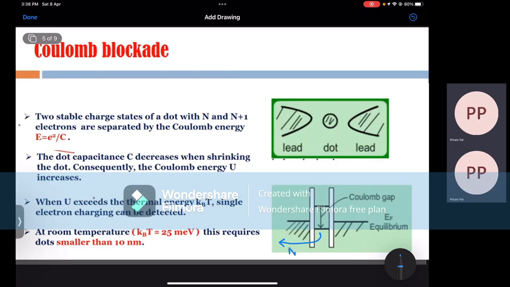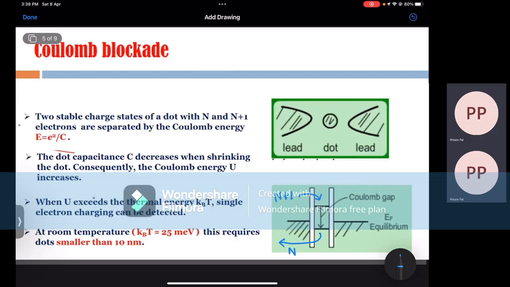If we add one extra electron, then n plus one electron will go to this new state.